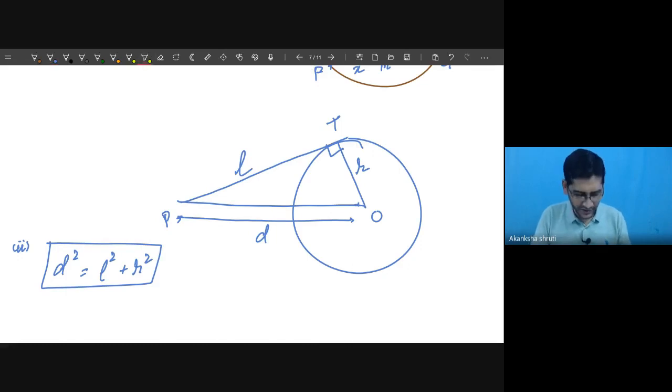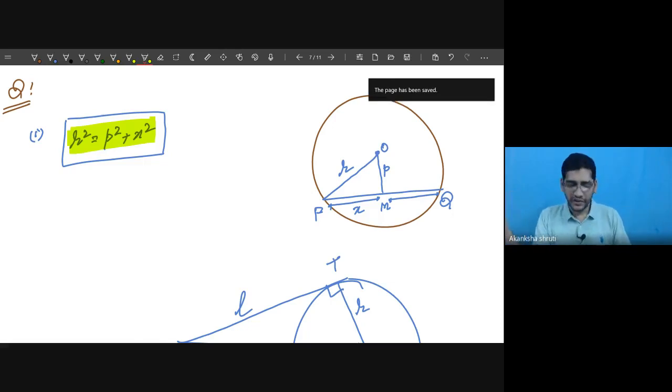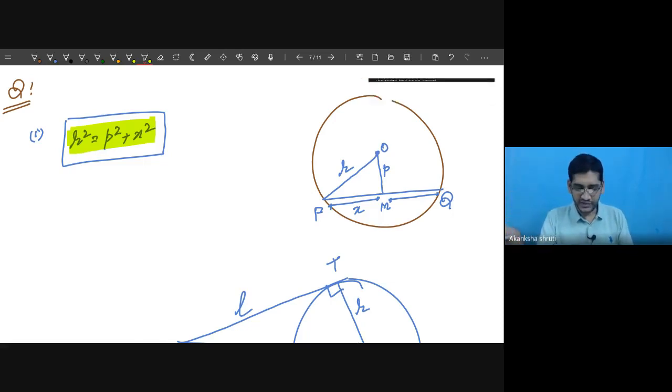So these two Pythagoras theorem relations are also helpful. So these are the concepts related to this. We will solve the questions related to this tomorrow. I think tomorrow we will have more than enough time to finish this, and if possible, we will start the next chapter of science.